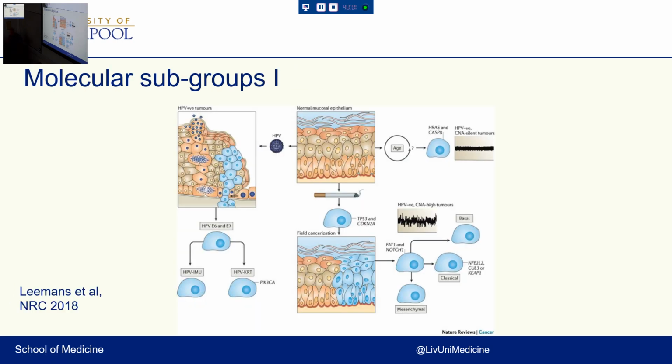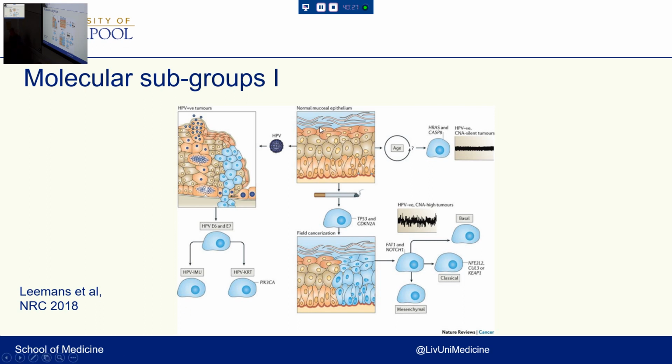So if we bring together all that molecular data, what do we get to? Well, we get to a schema, from Benny Lehman's paper from a few years ago, of what we understand about the molecular pathways and subgroups within head and neck cancer, which may be the way forward for us to stop treating head and neck cancer as one disease, but to molecularly segregate it, and that might give us an idea of where we can get novel therapies.